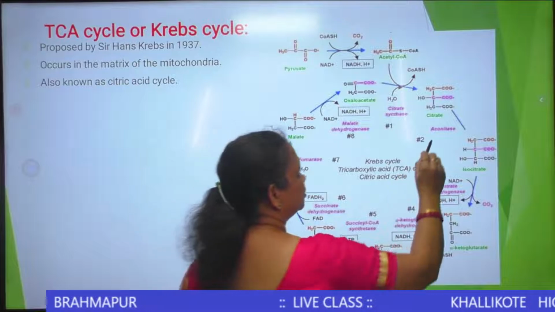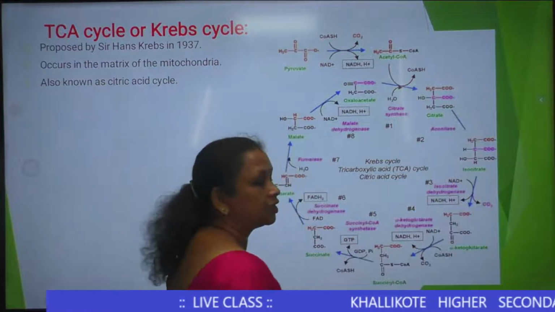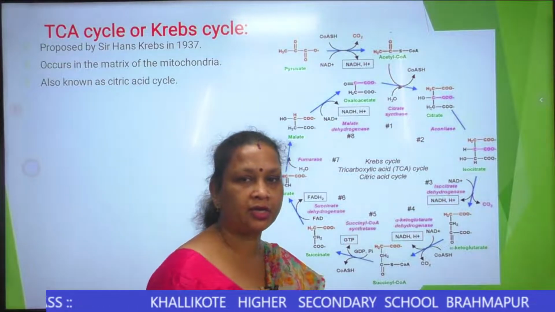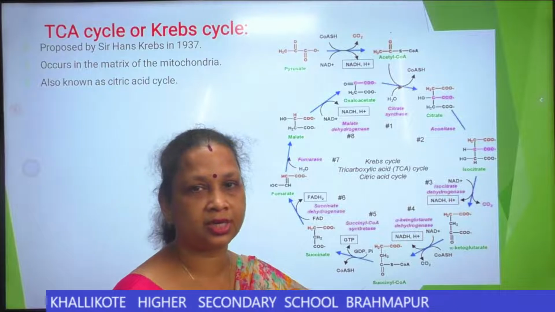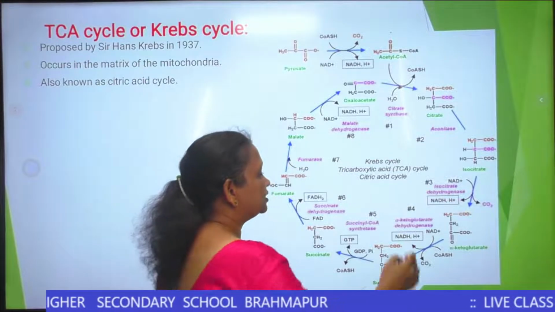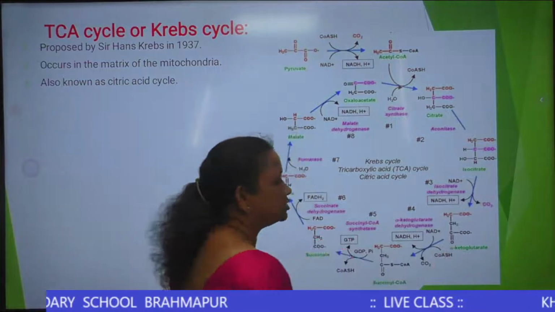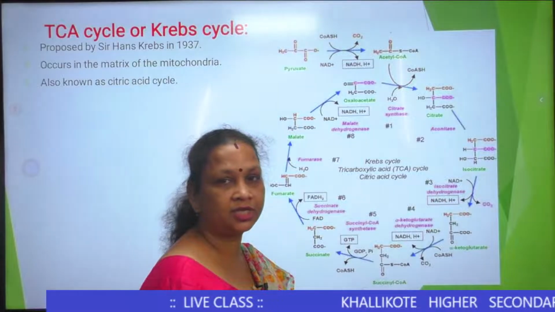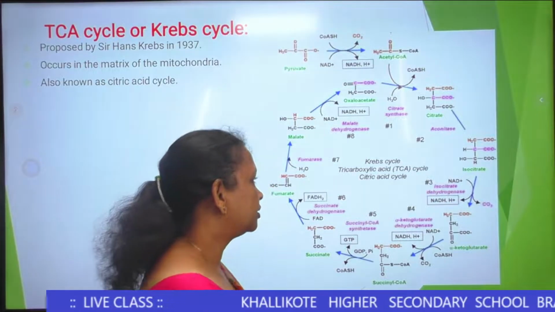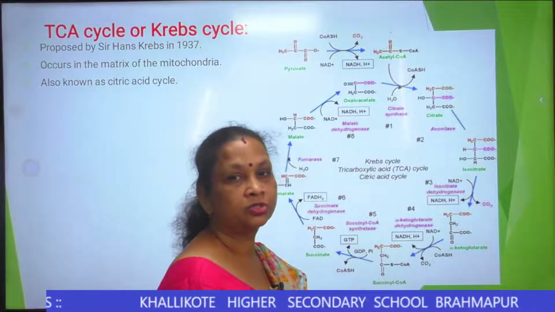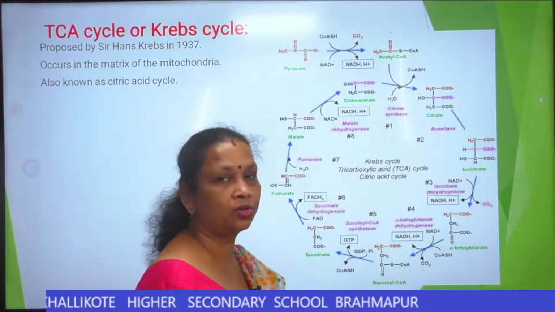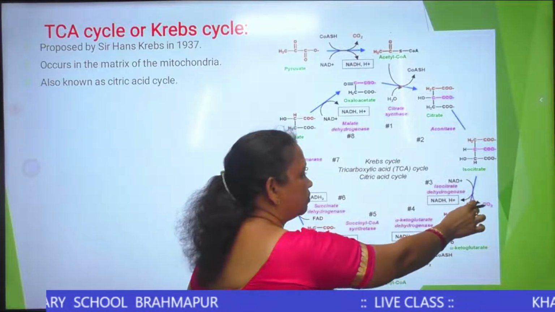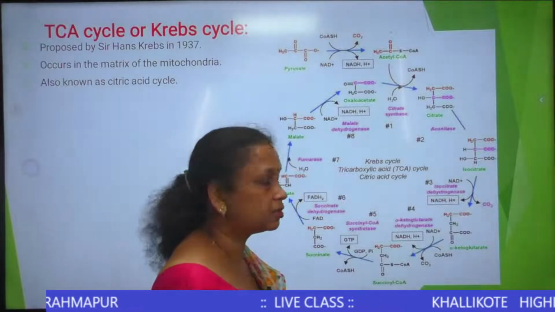The second reaction was citrate being converted into isocitrate, the isomerization reaction, where an intermediate product cis-aconitic acid was also produced. So, the enzyme was aconitase, we get isocitrate. The third reaction was oxidative decarboxylation of the isocitrate molecule. So, the isocitrate molecule undergoing oxidative decarboxylation releases a molecule of carbon dioxide, and a pair of hydrogen is released.